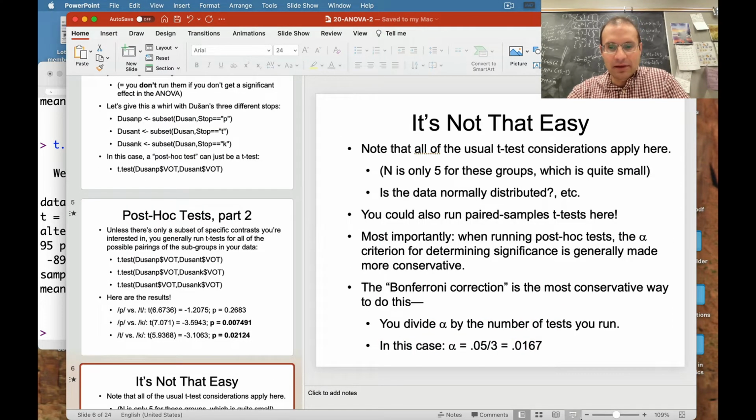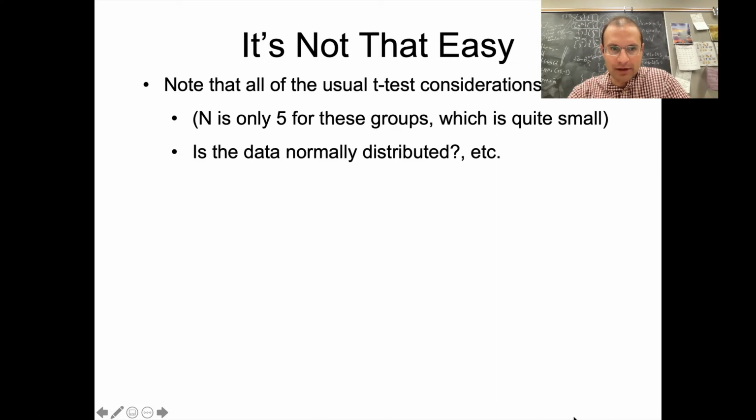That being said, the usual caveats apply here. For instance, we only have 5 items per each group here, which is a pretty small sample size. So at that sample size, you start having to worry about things like, is the data normally distributed? Can we meet the normal conditions for running a t-test?